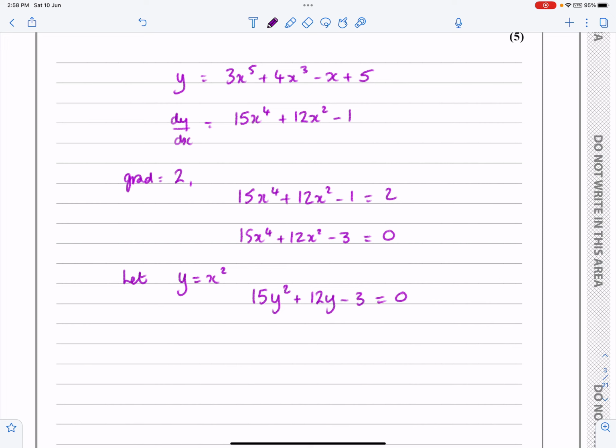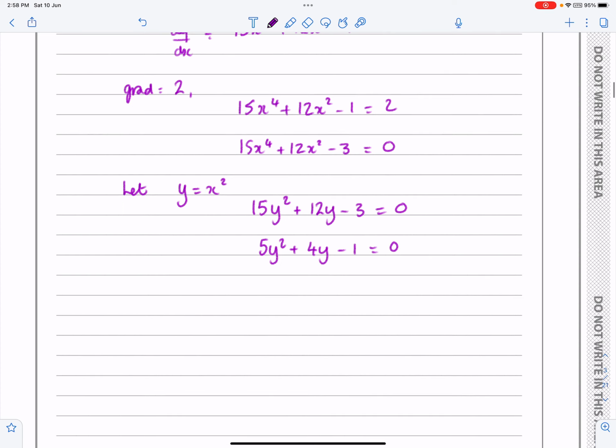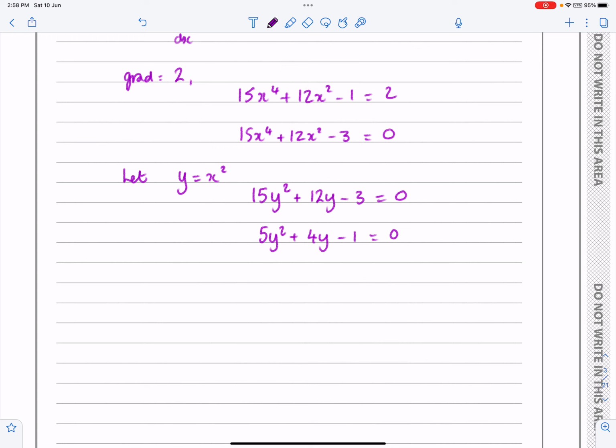Now, another thing that I would expect my students and expect you guys to see is that before I try and factorize this, I can divide by a common factor here. 3 goes into everything. So I can completely divide there and get that equals 0. Once I've done that, now I should be able to factorize this.